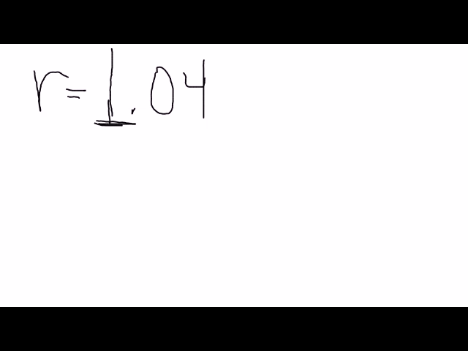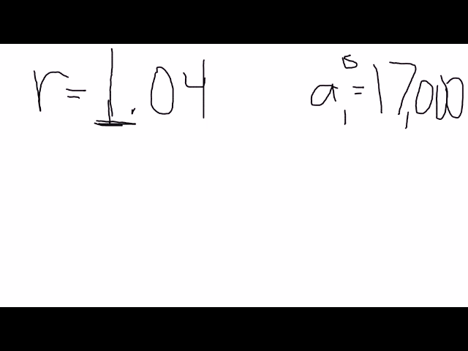Your first item in the sequence is going to be 17,000. The first term of the sequence is how much money she starts with. That's her first year's amount. So since you're multiplying by this ratio, it's going to be a geometric sequence. And how many years? It's 5 years. So we have to get the sum for 5 years.